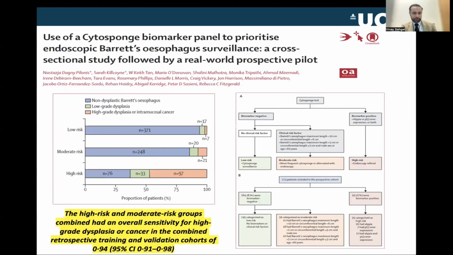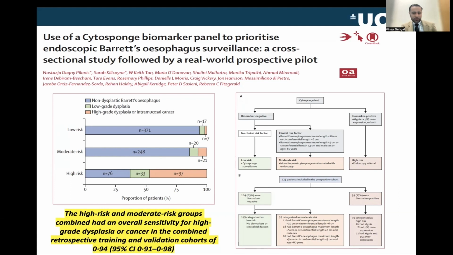This was a more recent publication by Rebecca Fitzgerald's group in Cambridge, in which they developed a real risk stratification tool which coupled biomarkers on the cytosponge with clinical risk factors, including Barrett's segment length, male gender and age, to help prioritize the needs for endoscopy. So essentially, in patients that had a biomarker negative cytosponge, they were further subdivided into a low or medium risk cohort.